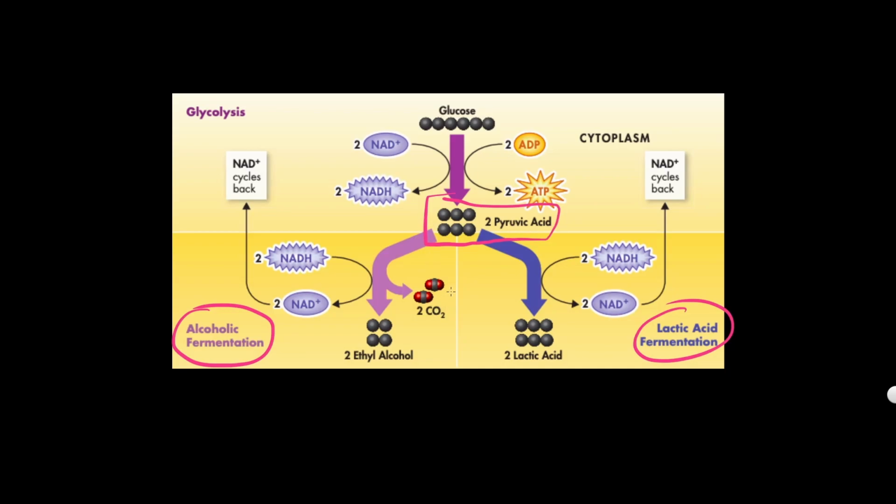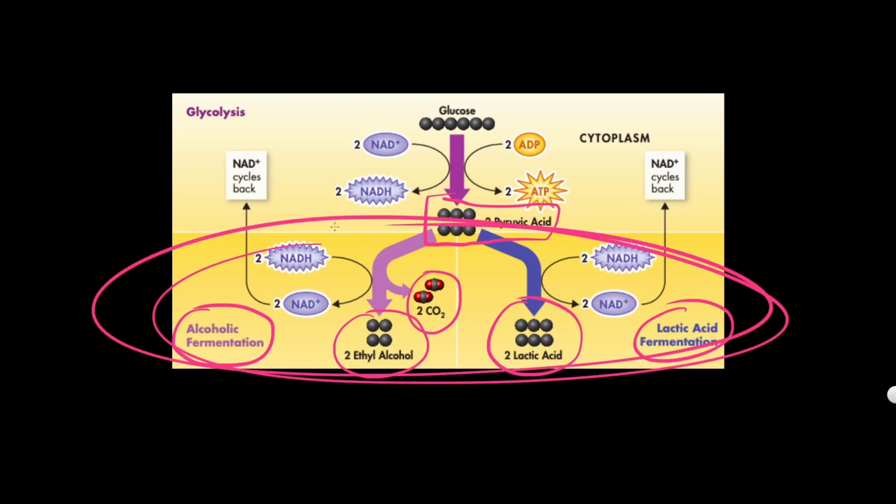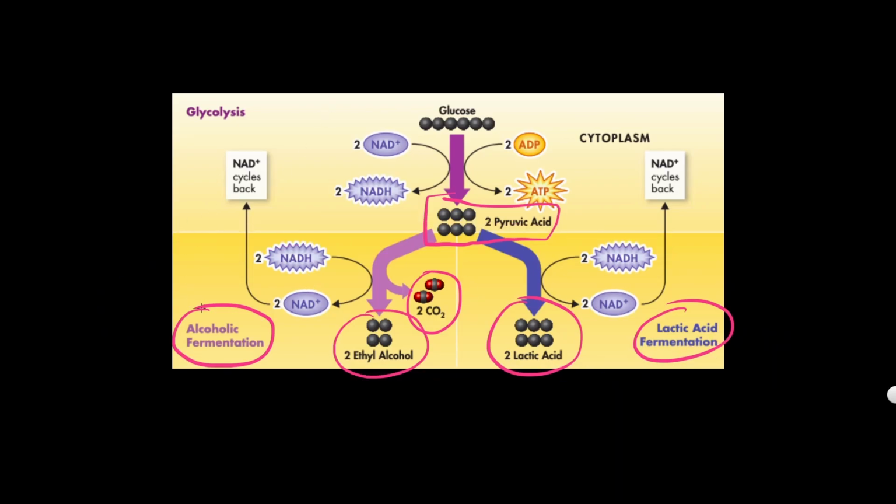What happens is that as pyruvate turns into ethyl alcohol in alcoholic fermentation, it's going to lose carbon dioxide. And then if we're an animal, we're going to turn into lactic acid. Now, what is the whole purpose of having fermentation? It's not to make ATP. You don't make ATP in fermentation.